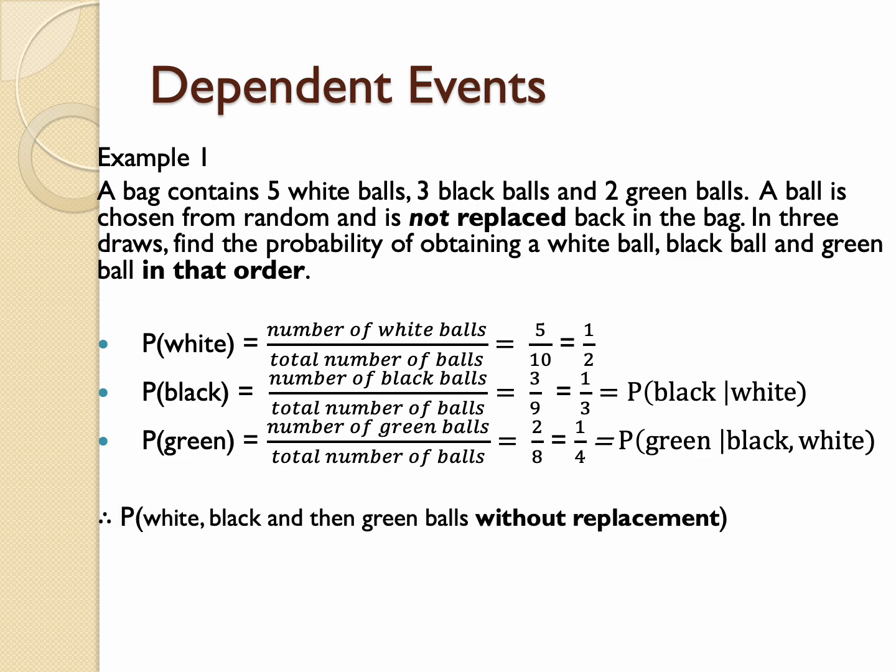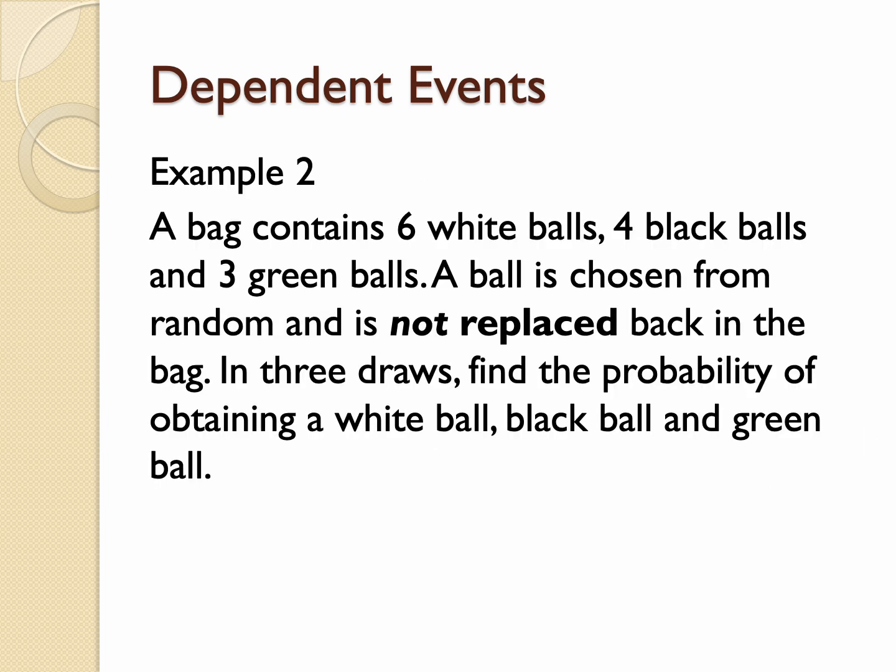So finally, the probability of seeing an event collectively where white, black, and then green were chosen without replacement can be obtained by multiplying these probabilities. So, which equals 1/2 times 1/3 times 1/4. And this turns out to be 1/24.